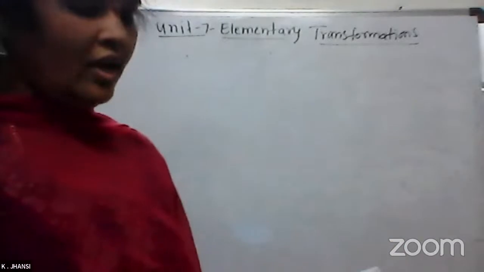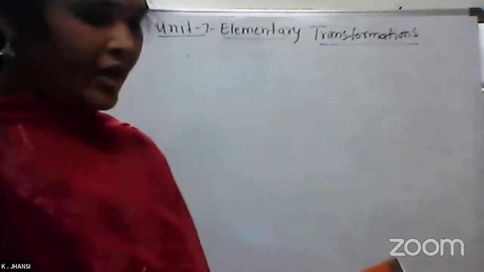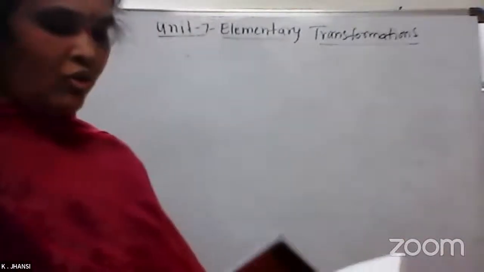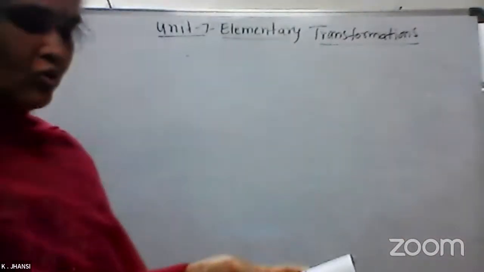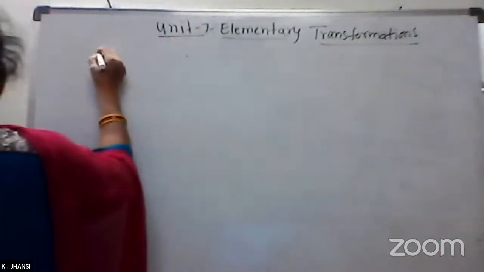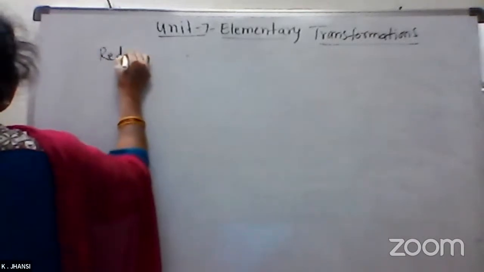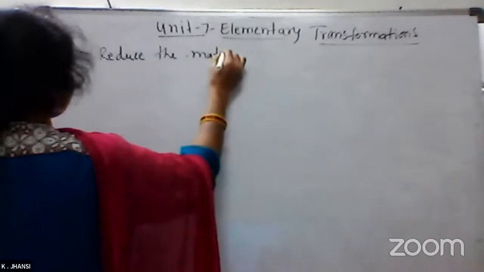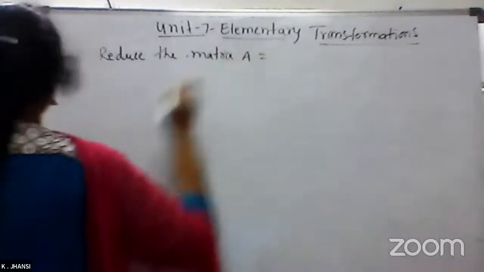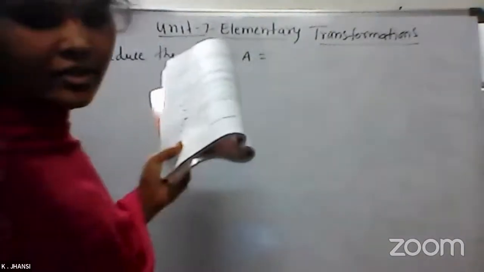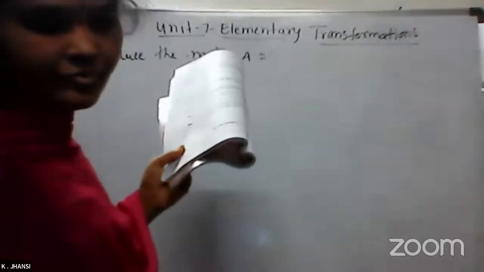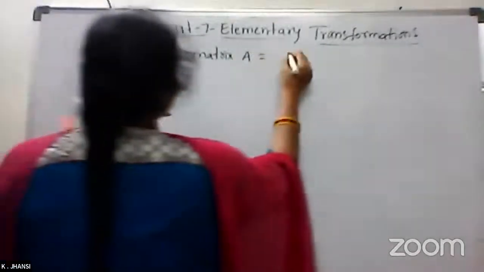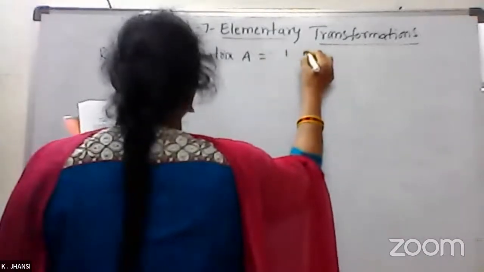Reducing the given matrix into normal form will be a 10 marks question. Okay, they will ask for the 10 marks question. So like this, it will be there. Reduce the matrix A. One, zero.